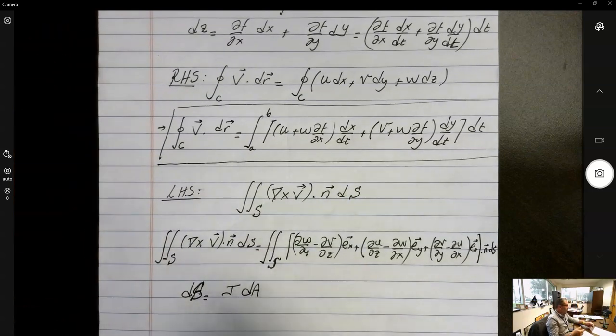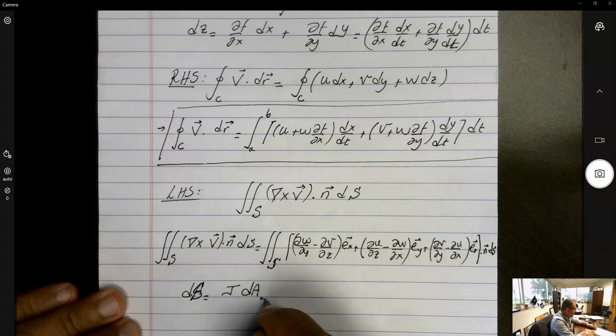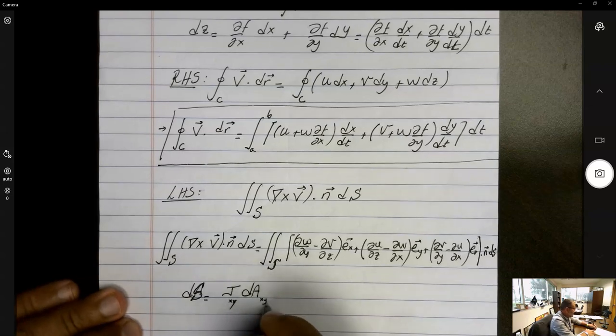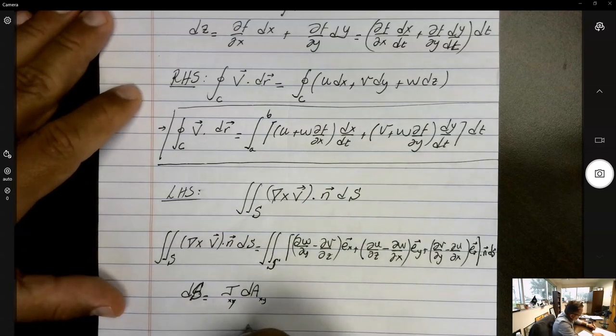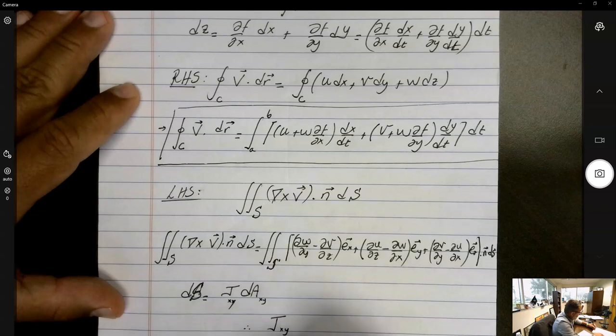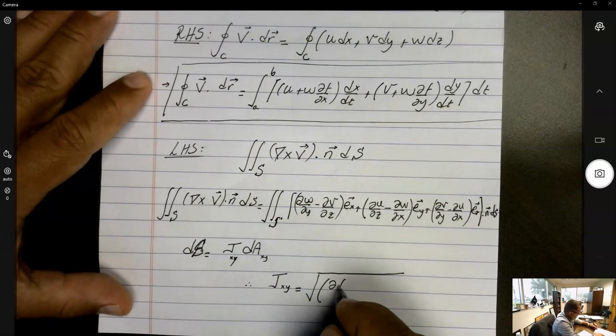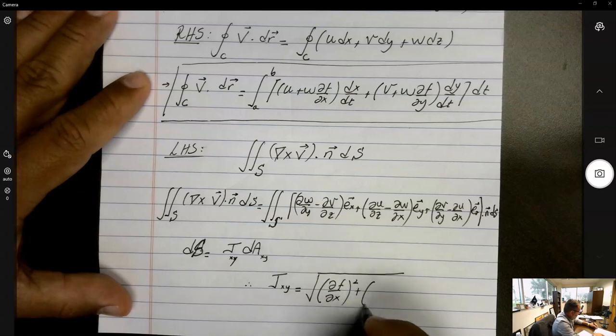And for example, if we are able to project down to the xy plane, this will be the Jacobian in the xy direction and the area in the xy direction, dx dy or dy dx. In this case, the Jacobian in the xy direction is the square root of (df dx) squared plus (df dy) squared plus 1, where remember the surface is described by this function f of x and y equals z.